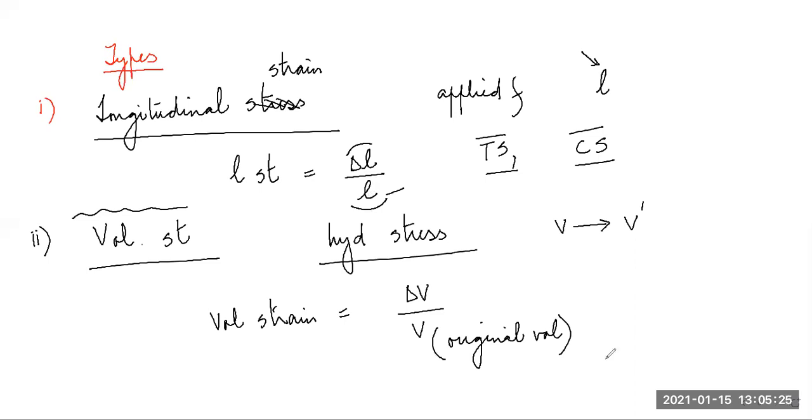And now we have third type of strain, students, that is shearing strain. So obviously, when the body is strained or deformed under shearing stress, the strain produced will be, yes students, shearing strain.